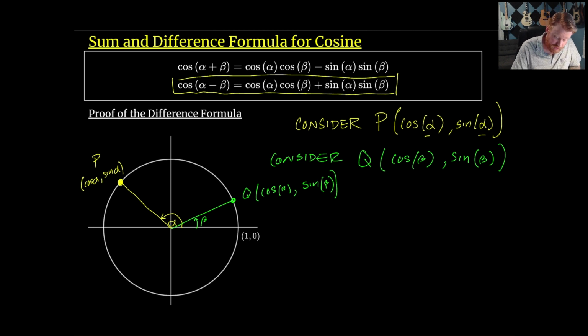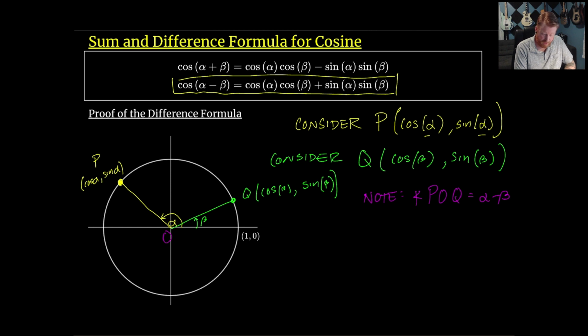So now I want to note something. I want to note that the angle, if I label the origin O here, that the angle POQ is equal to alpha minus beta.